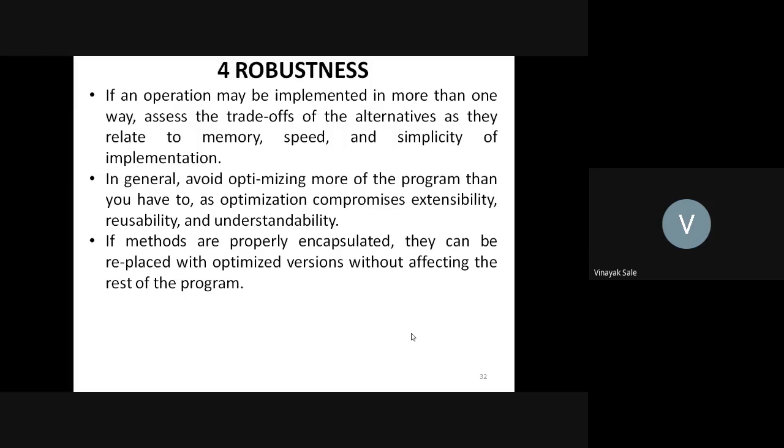In general, avoid optimizing the program, because optimization compromises extensibility, reusability, and understandability. If the methods are properly encapsulated, they can be replaced with optimized versions without affecting the rest of the program.